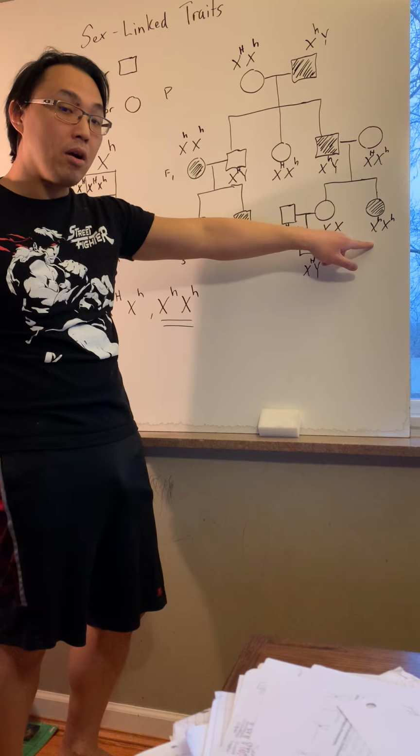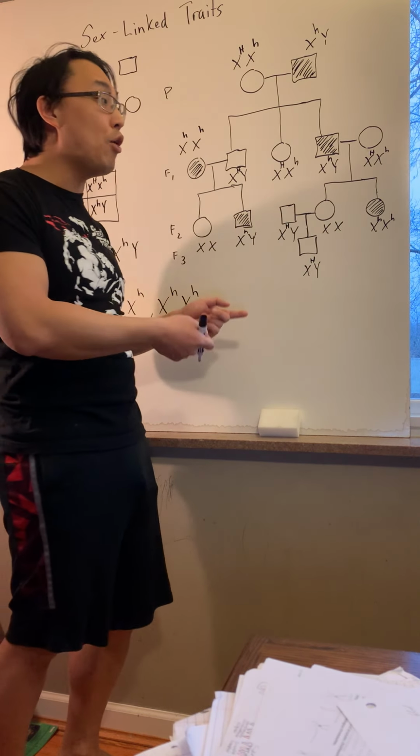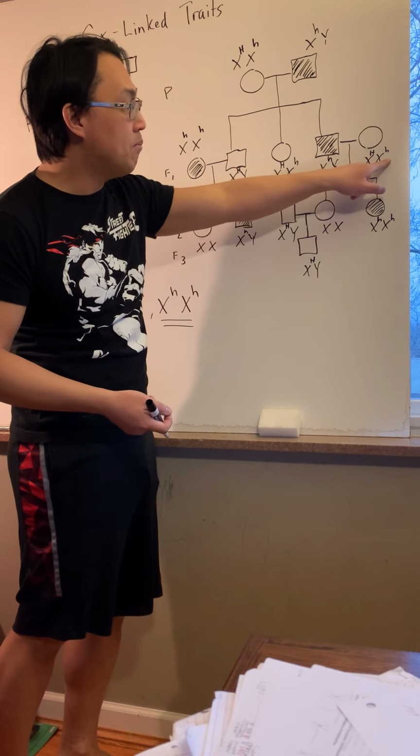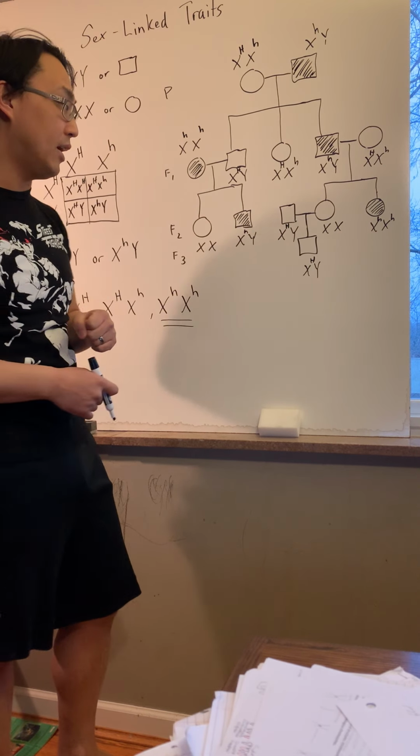And remember, in order for a female to have hemophilia, they must have received the trait from both parents. So dad would have to give a little h, and mom would have to give a little h in order for this daughter to have hemophilia.